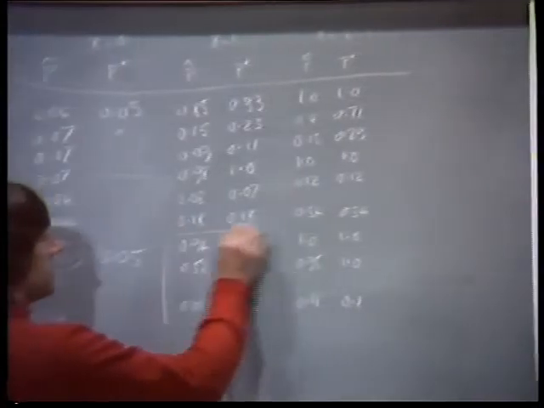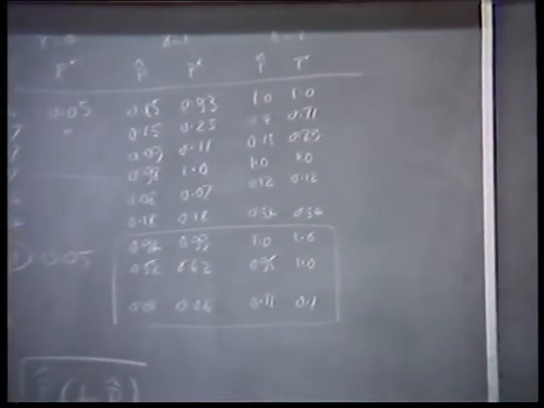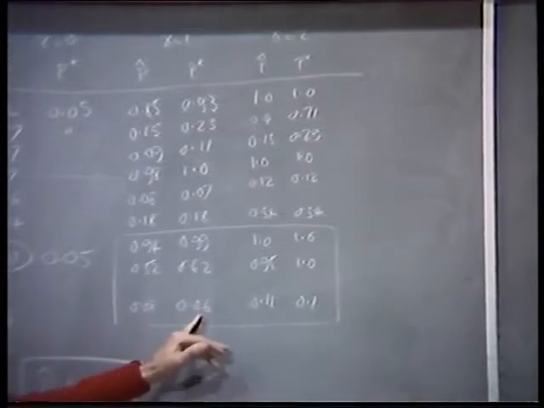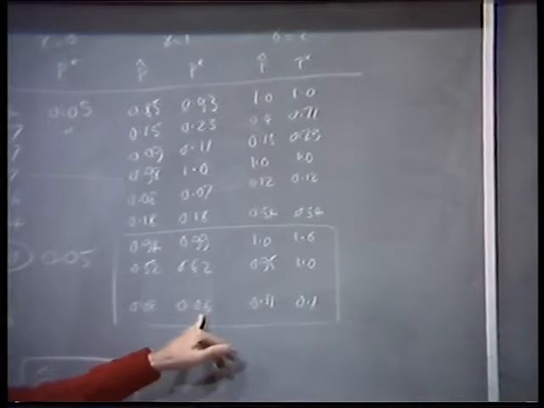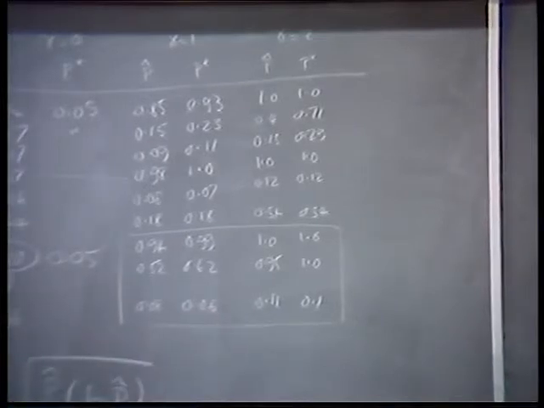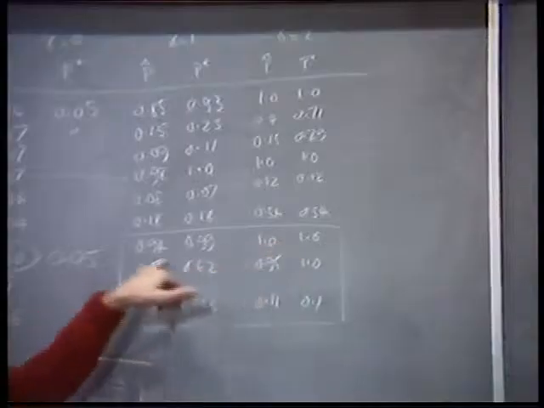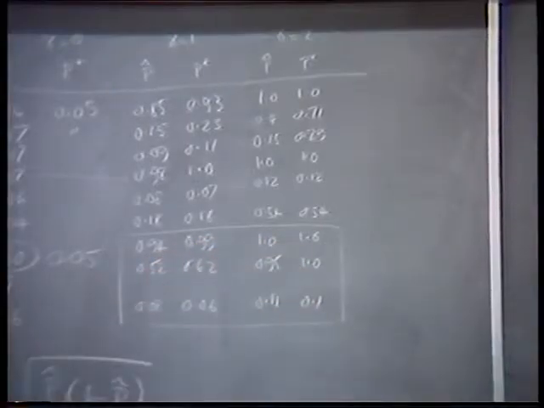And all these results do give us, first of all, close agreement between the empirical power and the asymptotic power. And apart from this last case, the power is quite high for the test statistic. But in the last case, the power is very low.